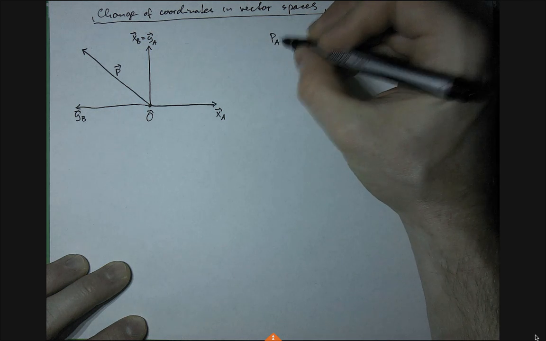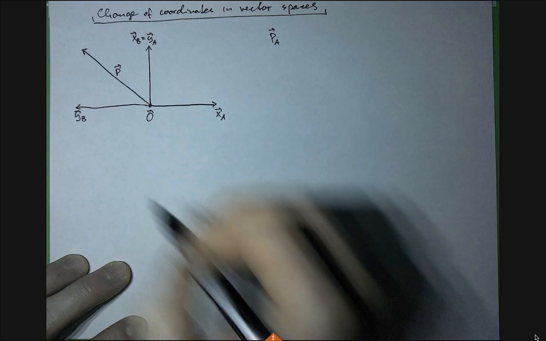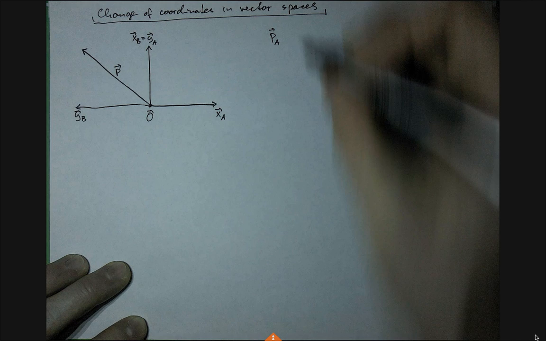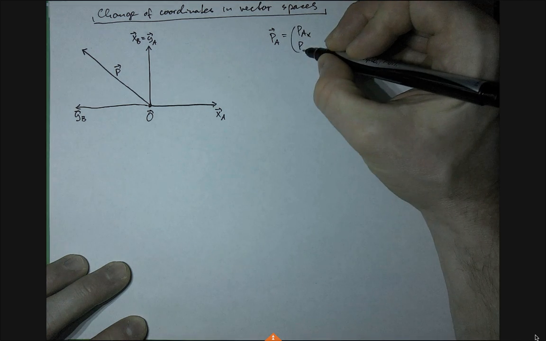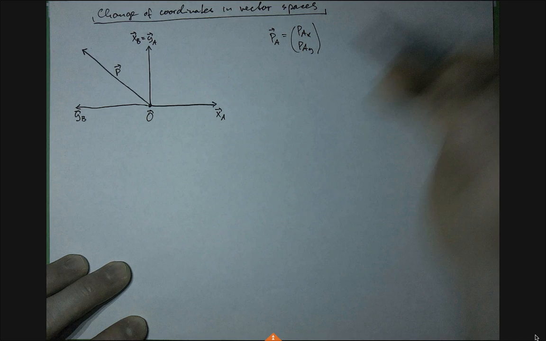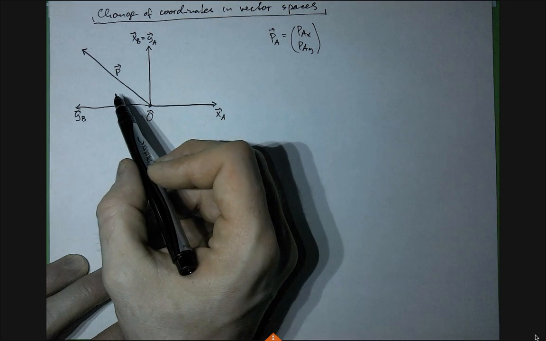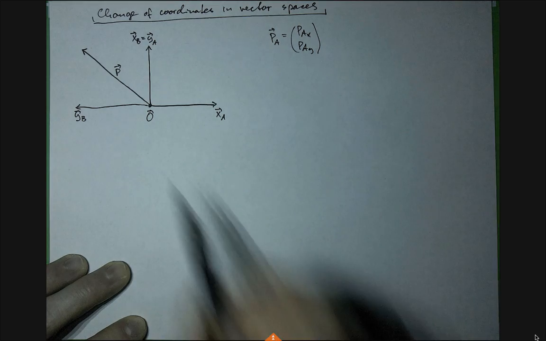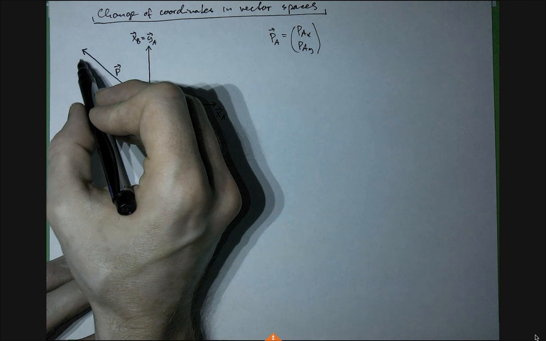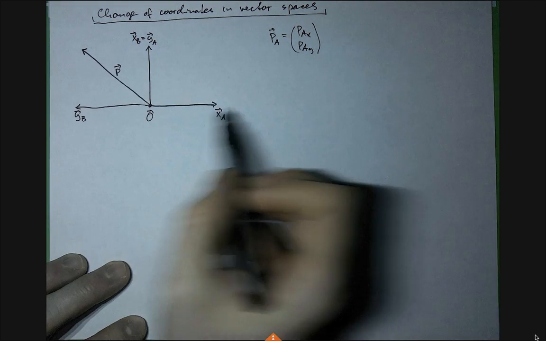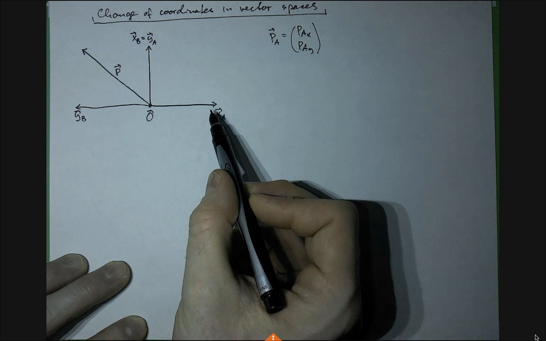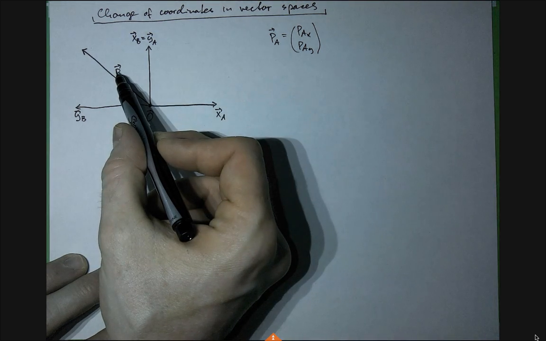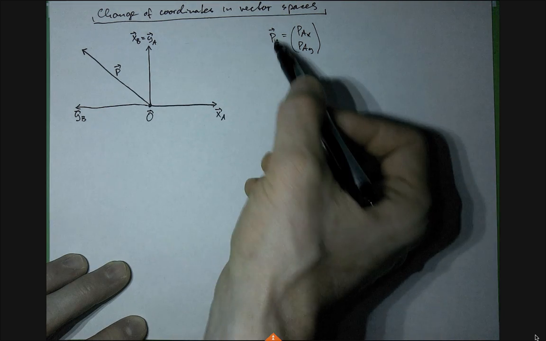So those will be the coordinates of the vector with respect to basis a. So the pa would be a two-dimensional vector of coordinates pax and pay. So what that means is, how do I do it graphically? I do the orthogonal projection of the vector on the coordinate axes. So what would be, in this example, the numerical coordinates of vector p with respect to basis a, my vector pa?